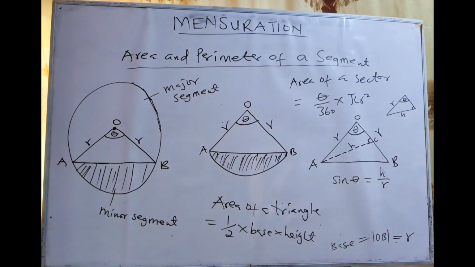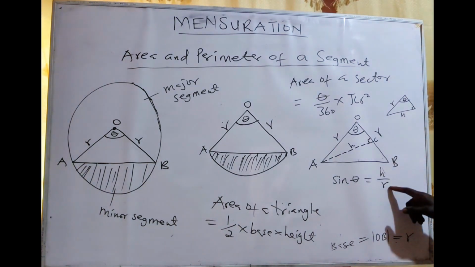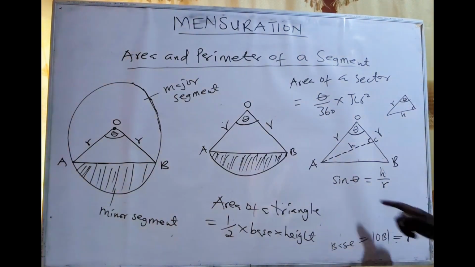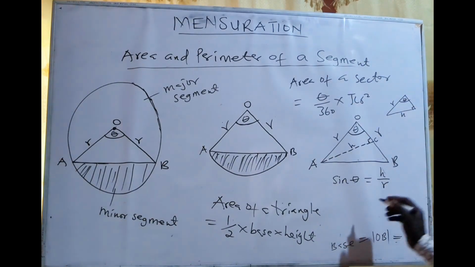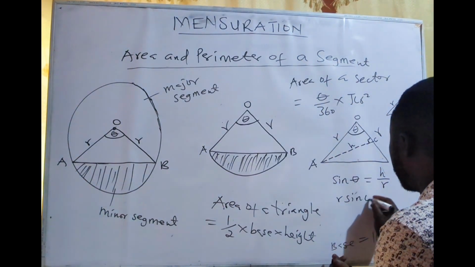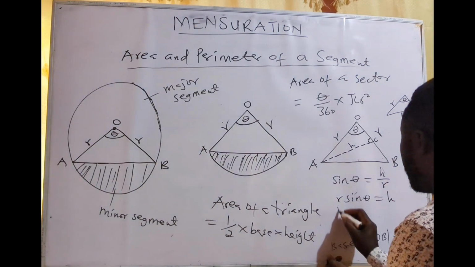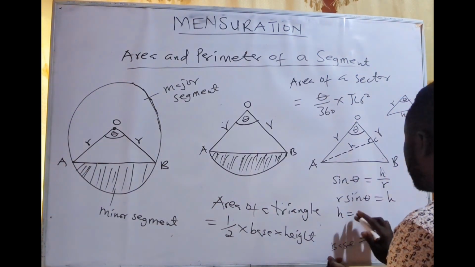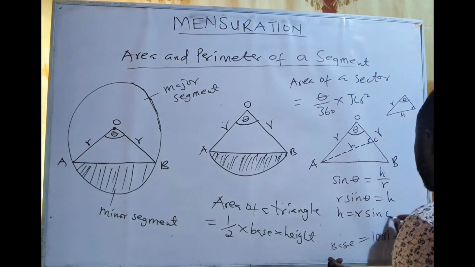If this is the case, I can find the value of H. Let me multiply through by R. So R sine theta will be equal to H. So my H is R sine theta.